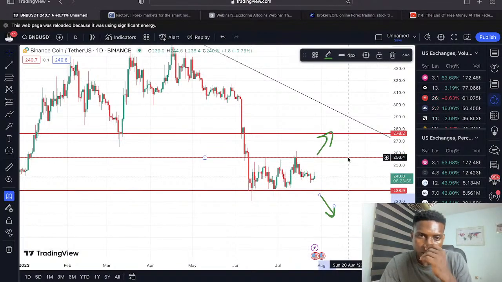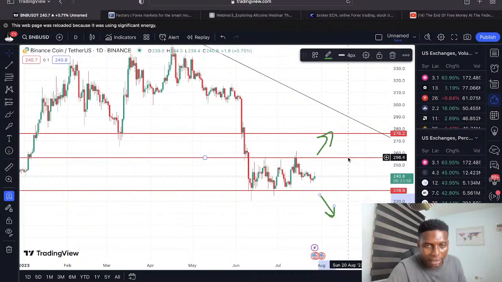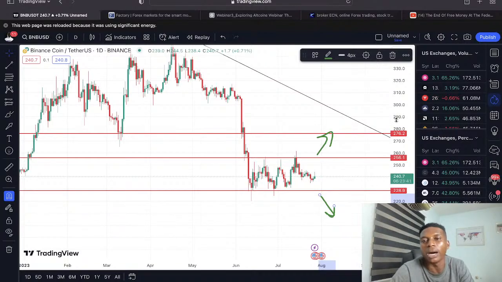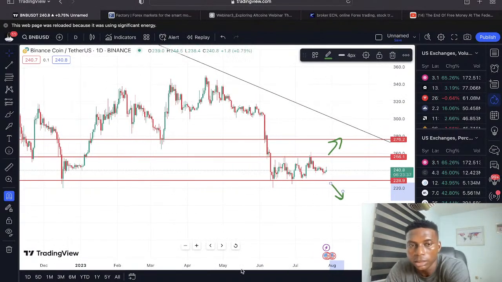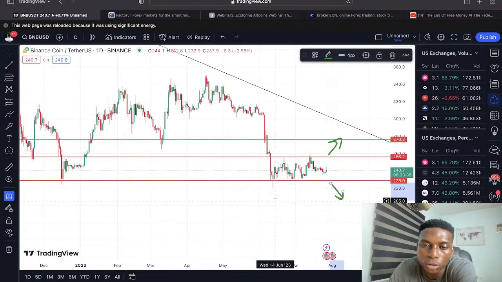All right, so even having looked at their fundamentals, having looked at the team behind it, the technology, the roadmap, the white paper, you also need to analyze technically to see where the direction of the market is.